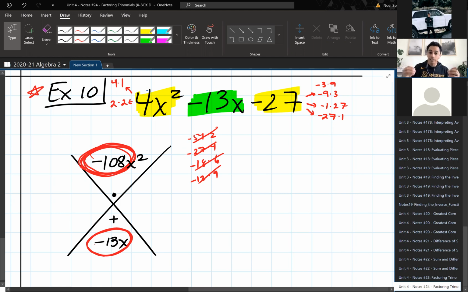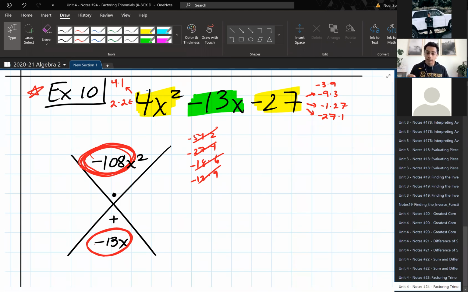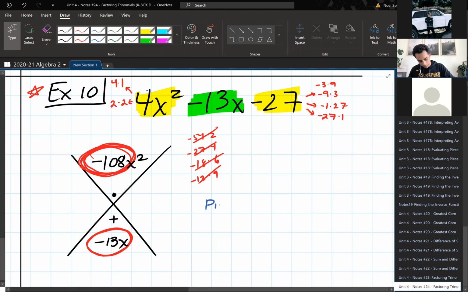And if it doesn't satisfy that, then you are a little bit more comfortable saying, hey, this is prime. And in this case, it is. There are no factors that satisfy that. So what it's indicating to us is we can't move forward. We can't even get to the box. Therefore, this is a prime. It's not factorable. So we're going to call this a prime polynomial.